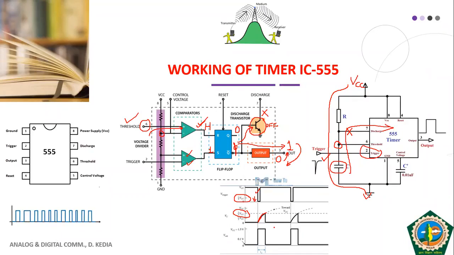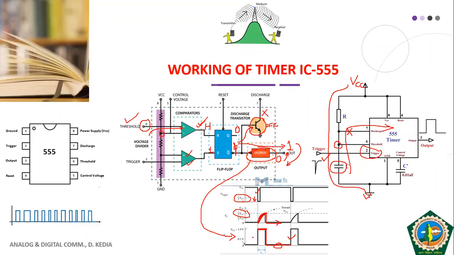So you can see that this output will remain high as long as your capacitor is charging, and the capacitor is charging for a limited amount of time. Once the capacitor has charged and its value exceeded 2/3 VCC, it switches back to its original state, and the output also becomes 0. It remains in this 0 state continuously until the next trigger pulse comes.